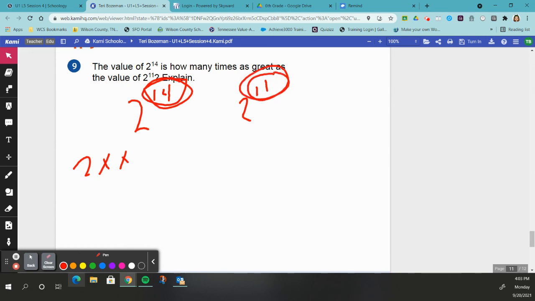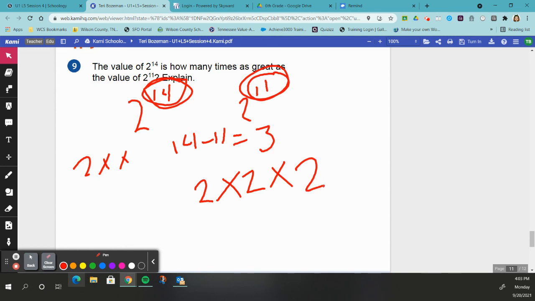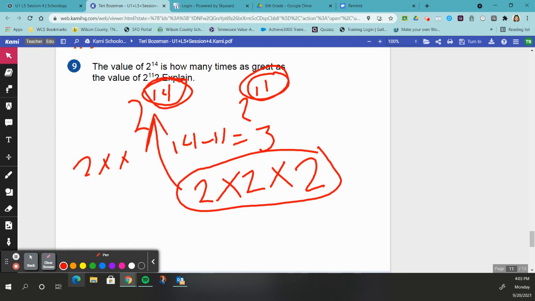So the difference, 14 minus 11, that would give us 3. So there are 3 times that we're multiplying 2. So we multiply this 2 this many times more when we're doing this one. So 2 times 2 is 4, times 2 is 8. So it's 8 times greater.